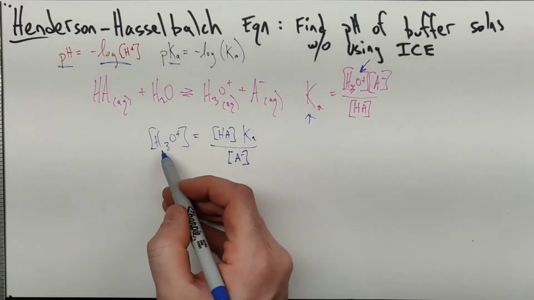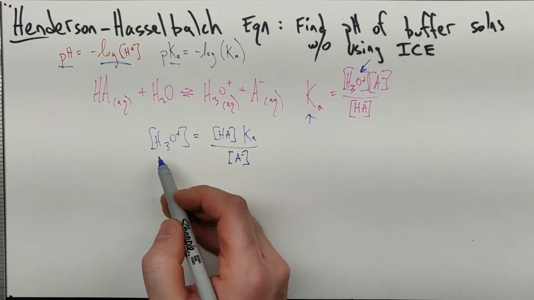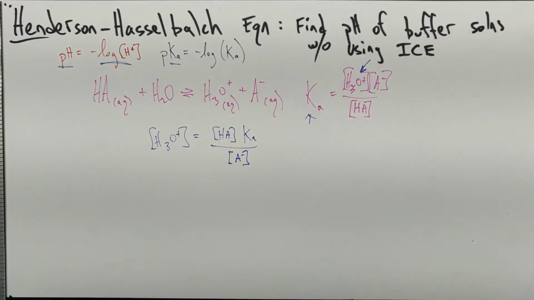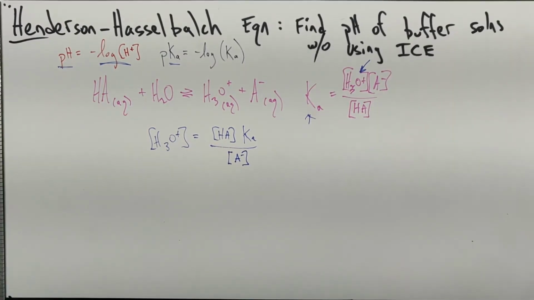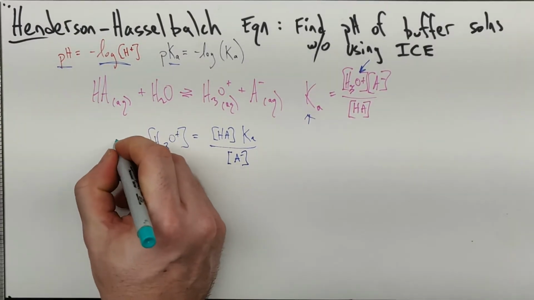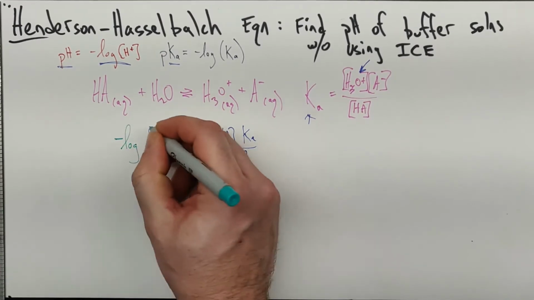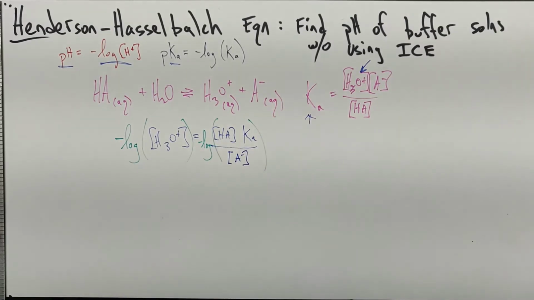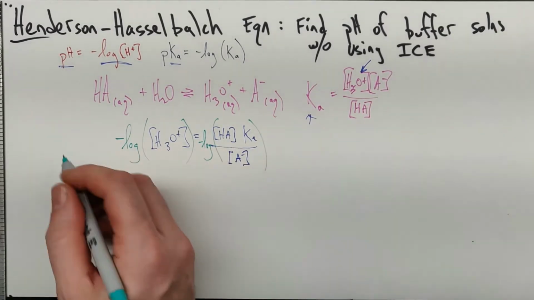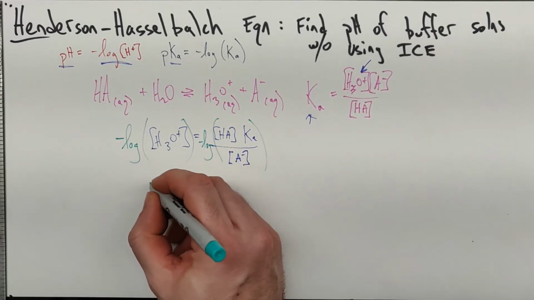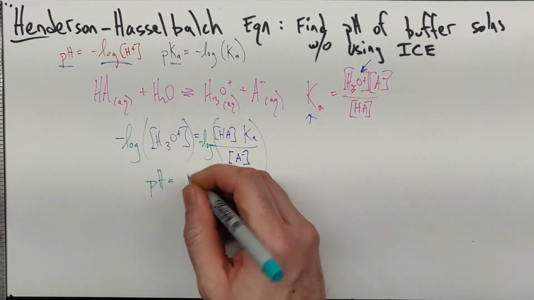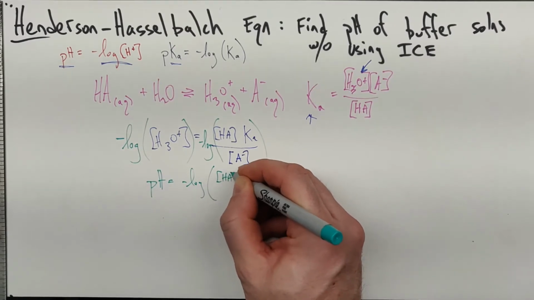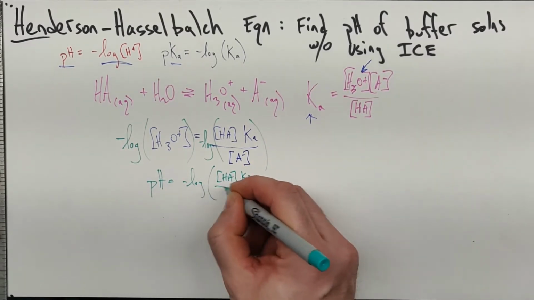Alright, now I have H3O plus by itself, and I would like to turn that into a pH, and I can do that by taking the negative log of that number, and that's okay as long as I do the same thing to both sides.